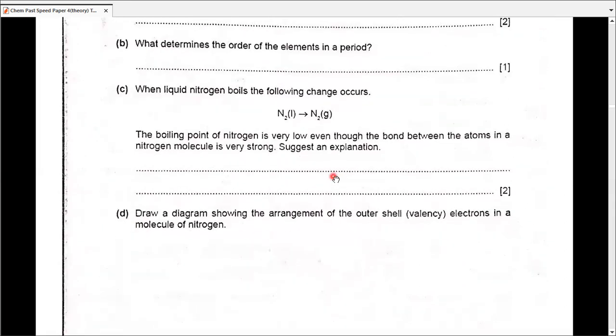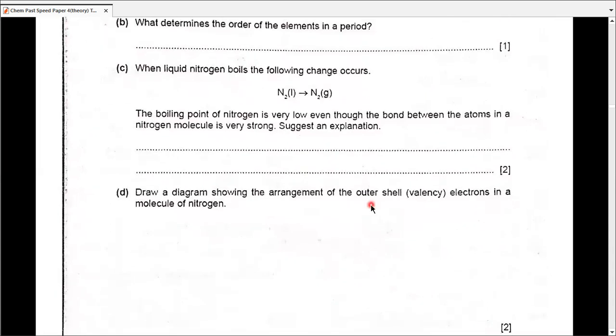Okay. Part C. When liquid nitrogen boils, the following change occurs. Nitrogen is going from the liquid state to the gaseous state. The boiling point of nitrogen is low, even though the bond between the atoms in a nitrogen molecule is very strong. Suggest an explanation. They've asked you a difficult question.